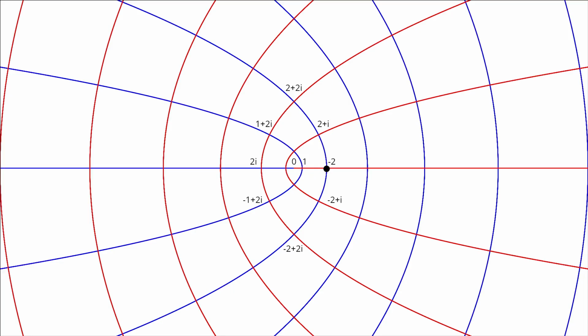This is not surprising because we're looking at the function z squared, and the square of 2 equals the square of minus 2. It might not look like a big deal, but this means that if we try to look at something a little bit more complicated than a simple power, then things will get very complicated.